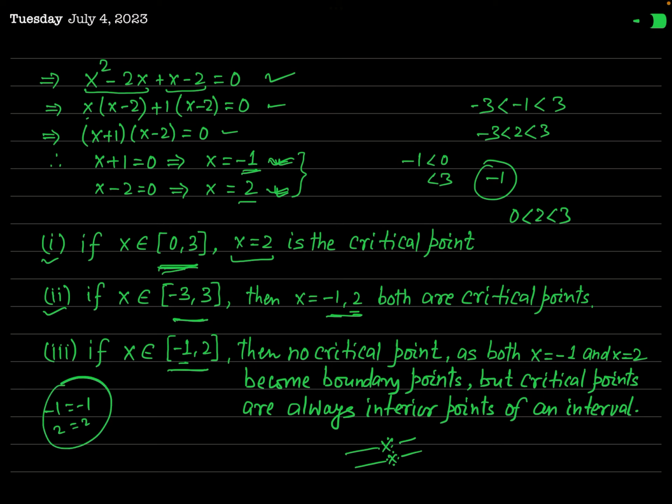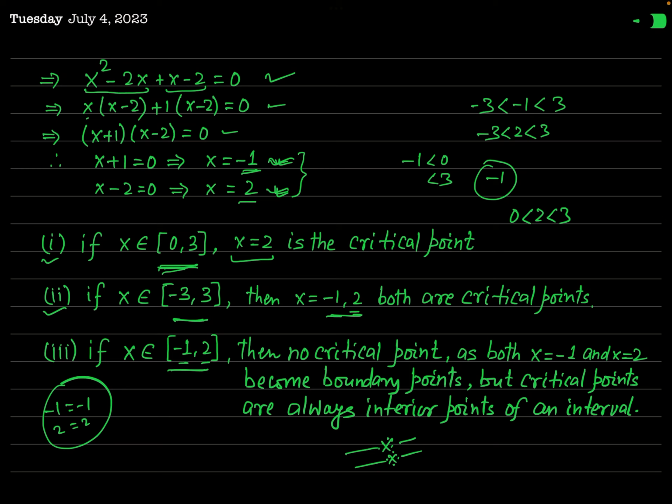So these two values of x are the boundary points of this closed interval, not interior points. But as the definition says, the critical points must be the interior points. So -1 and 2 lie at the boundary of this interval, not in the interior. So these two points cannot be the critical points.